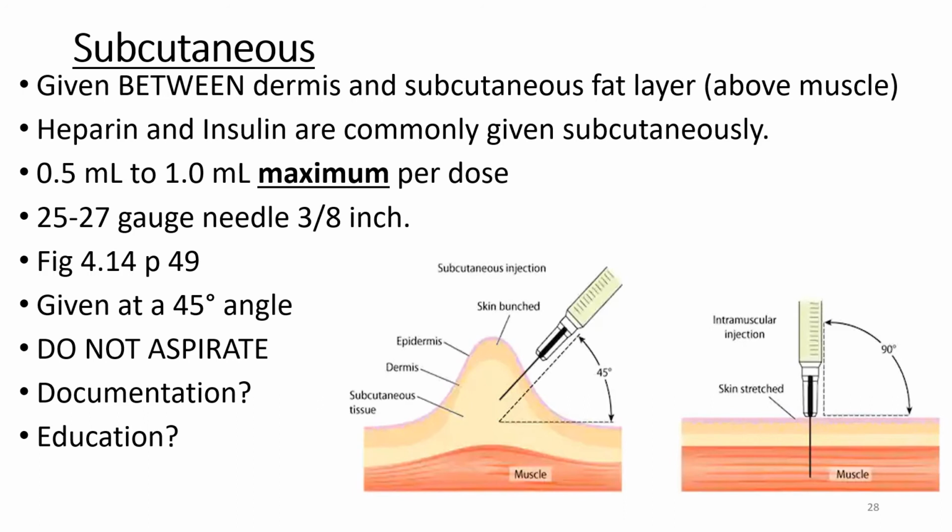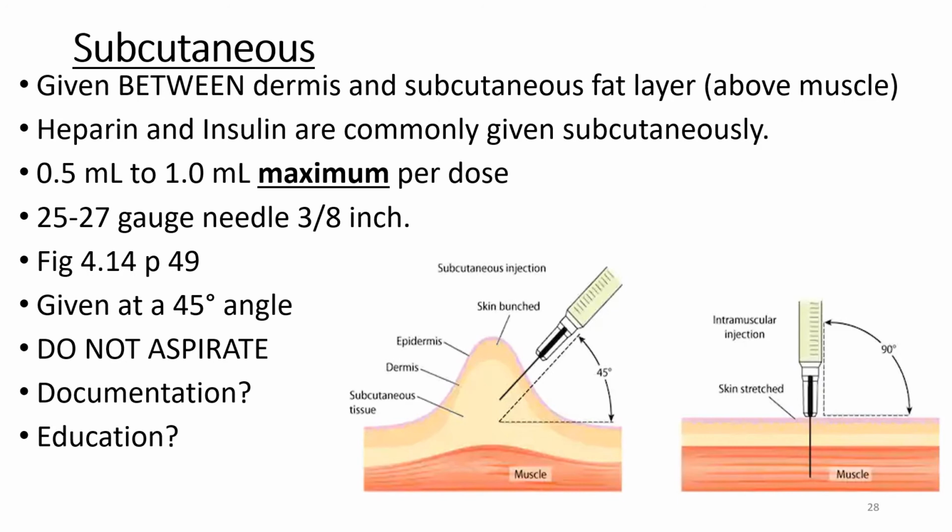Look on page 49 at figure 414 if you want to see this, pretty much the same one I had before. Give it a 45-degree angle, and you'll see the reasoning when we say pinch that skin up.